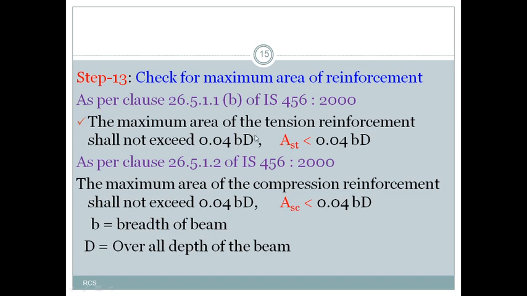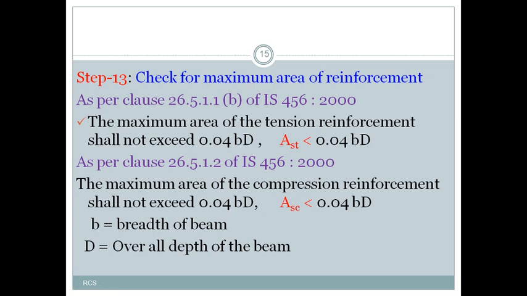So finally, in your competitive exam, they may ask, what is the maximum area of compression reinforcement provided in a doubly reinforced beam? That is 4% of the total cross section. For tension, it is 4% of the gross cross section. What is the total reinforcement provided in a doubly reinforced beam?